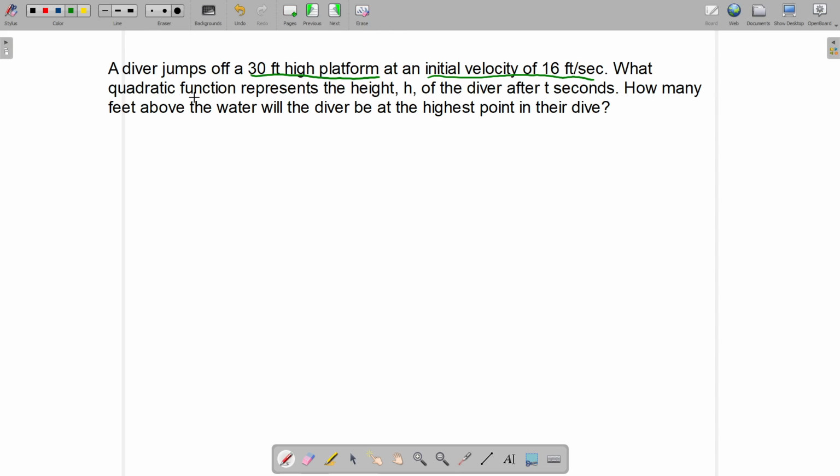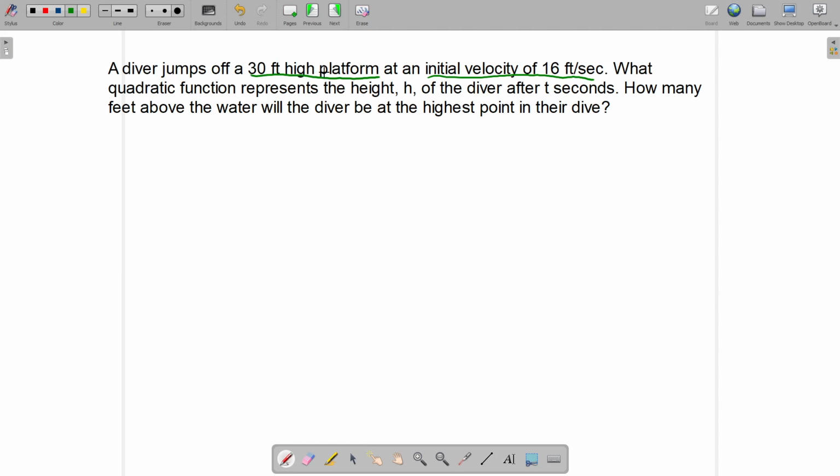We want to come up with a quadratic function that represents the height of the diver after some number of seconds. After we come up with that model, we can answer this question: how many feet above the water will the diver be at the highest point in their dive?